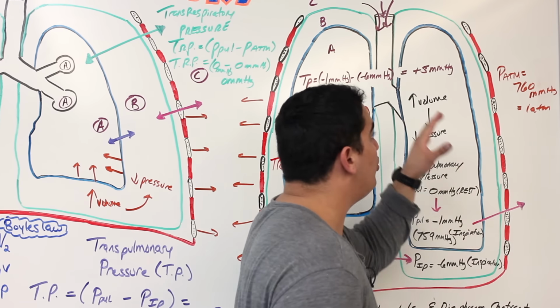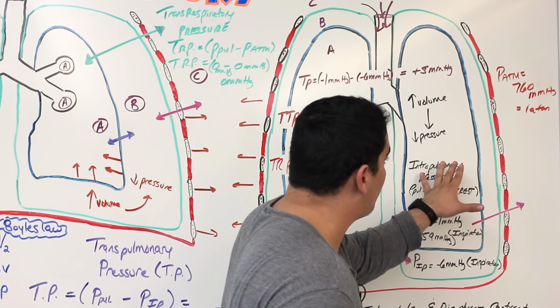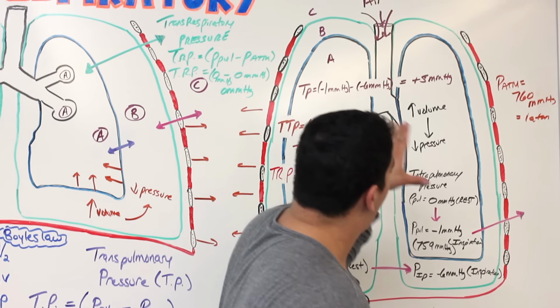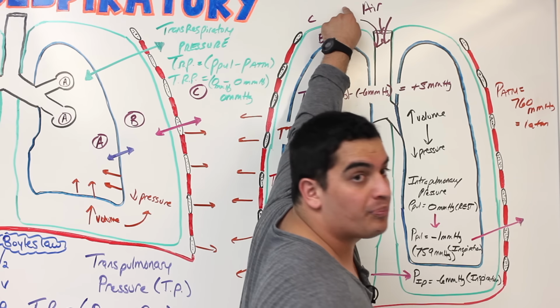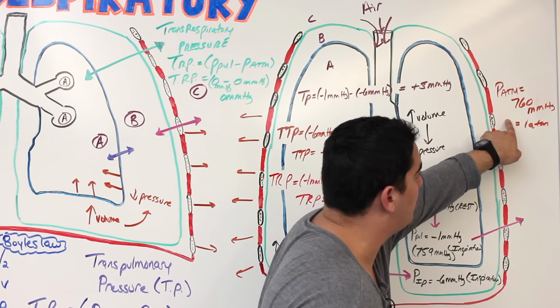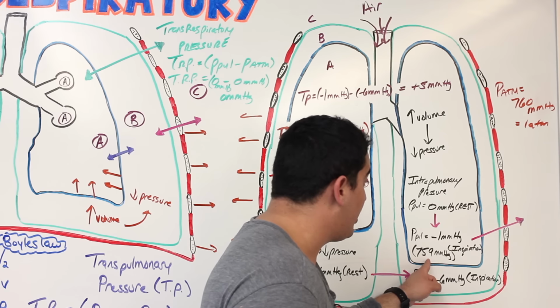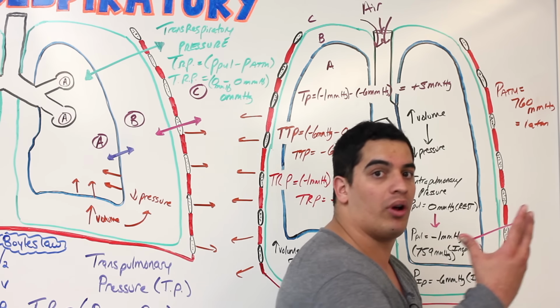It will continue to flow from the atmosphere into the actual lungs, or the alveoli in this case, until the pressure in the alveoli equals the pressure in the atmosphere. What is the pressure in the atmosphere? 760 millimeters of mercury. So it's going to go until it equals 760 millimeters of mercury. And that is going to be at the peak point of inspiration.